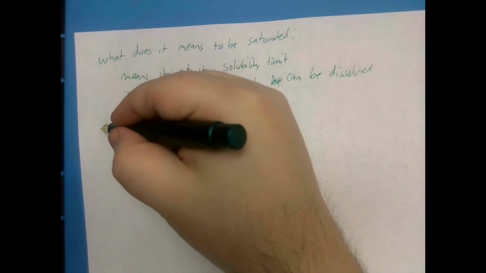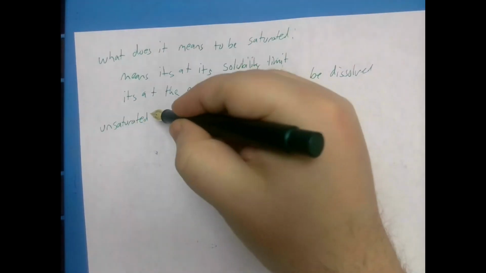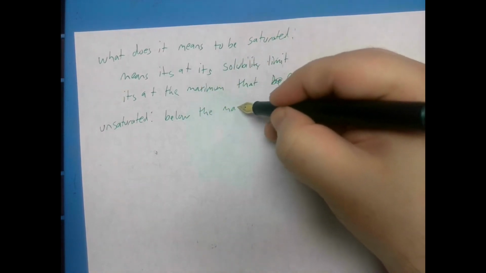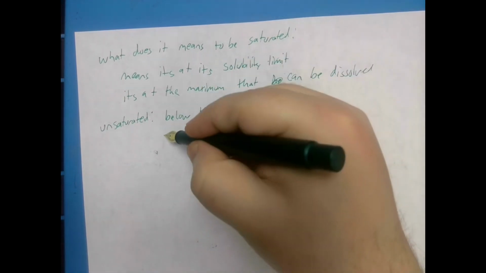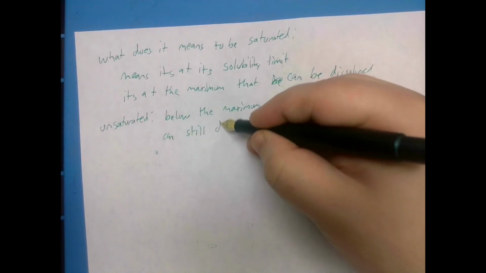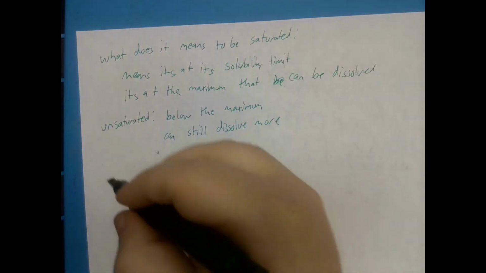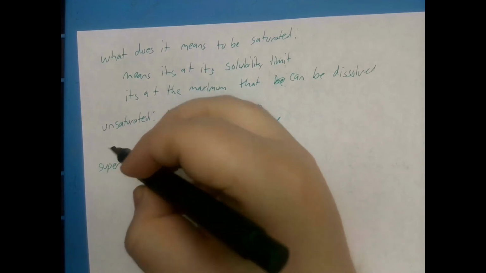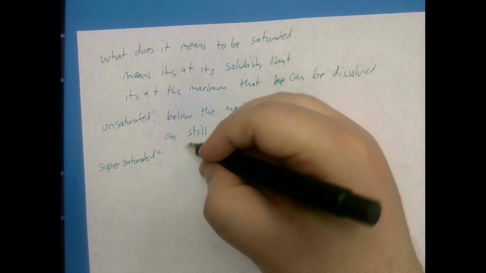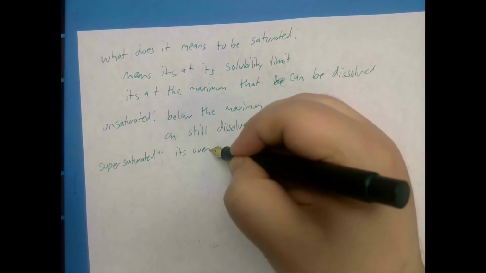What does it mean to be unsaturated? So below the maximum. Also means it can still dissolve more. And what about supersaturated? It's dissolved more solute than its maximum. It's over the theoretical limit.